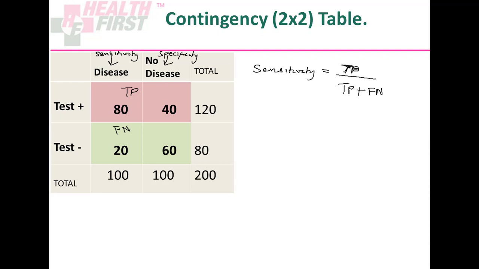So the formula looks like this: true positive divided by true positive plus false negative. That's sensitivity.